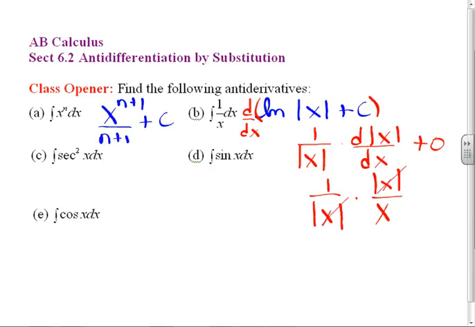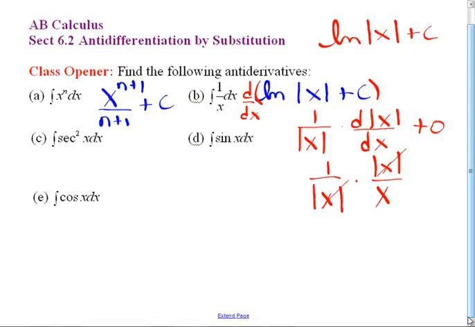So when you find the antiderivative of 1 over x, you must have the log of the absolute value of x. And you'll see it when we get into the last part of this chapter, section 6.4, which is going to be on solving more complicated differential equations, and exponential growth and decay.